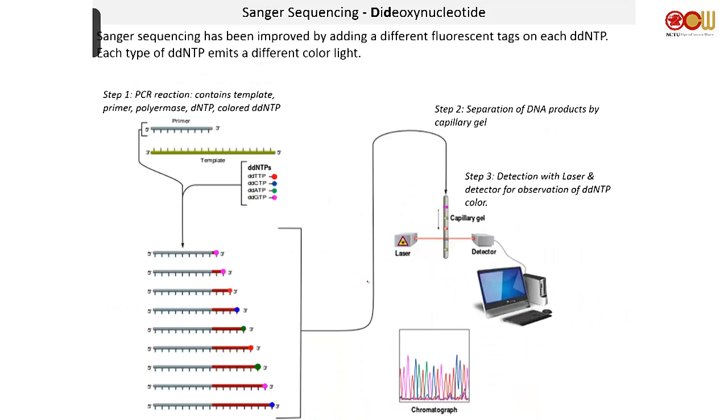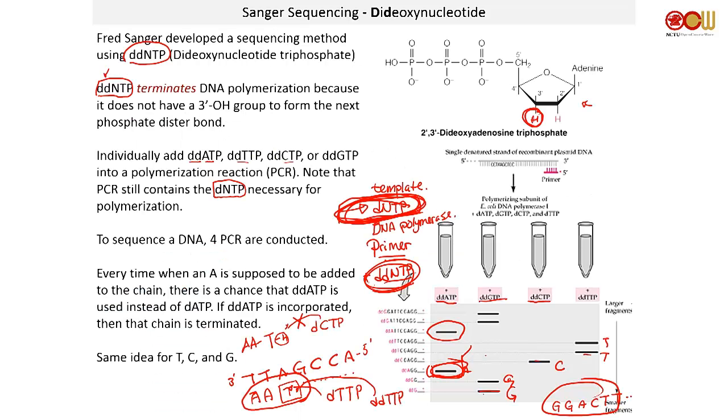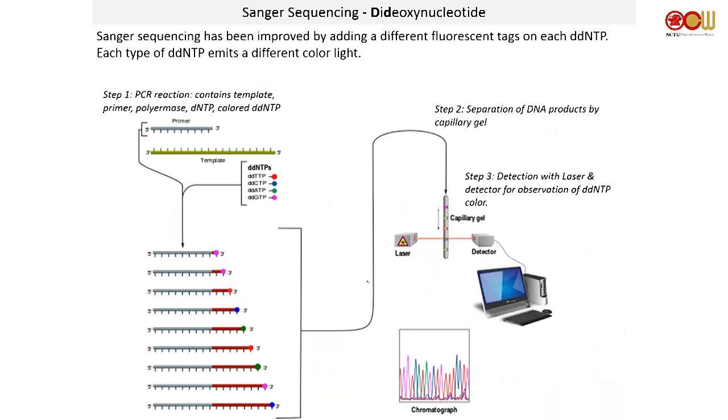This is essentially Sanger sequencing, right? Of course, the method has been improved, because previously you would have to do this on a gel, and you had to do 4 reactions to get the sequence of a particular DNA. Obviously, that's very annoying. So what people have done is use a fluorescent tag on each of the different ddNTPs. Essentially, you will have a different color on each of the individual bases.